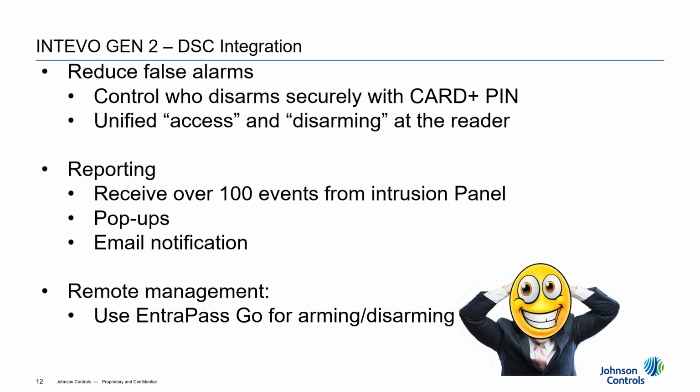How do we reduce false alarms? How do we solve this? Well, Cantic controls the physical door access. So before you even get into the building, once I've integrated my platforms together, I can now intelligently decide if you're allowed getting in, not getting in, and disarming.